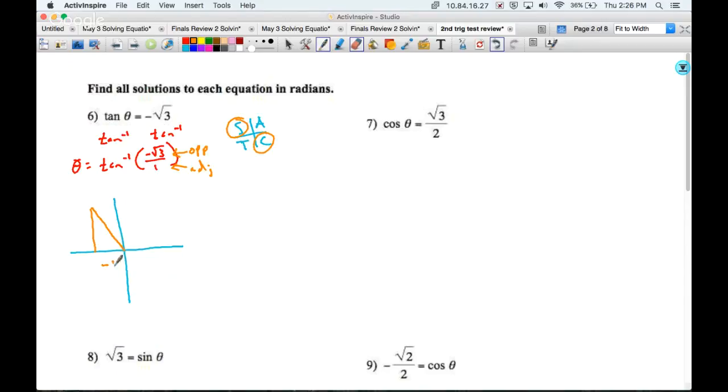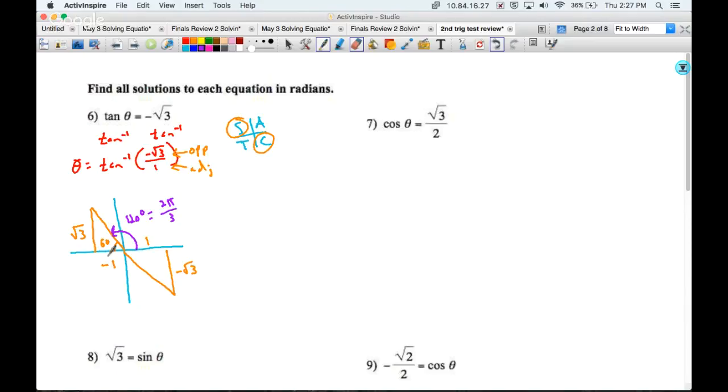In fact, this one, the adjacent will be negative 1 and the opposite would be square root of 3, so the negative's on the bottom there. Over here, exactly 180 degrees later, this would be negative square root of 3, and that would be positive 1. That angle in there is a 60-degree angle, making this angle out here 120 degrees, which also equals 2 pi over 3.